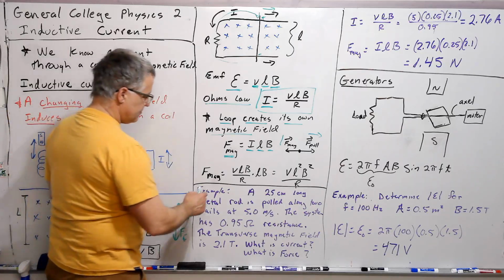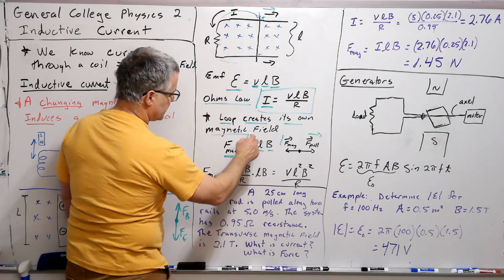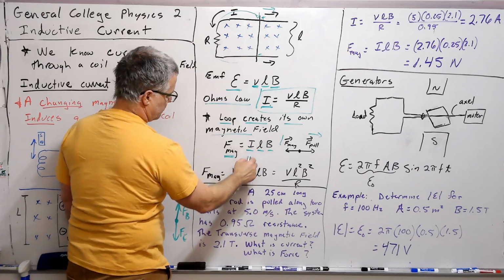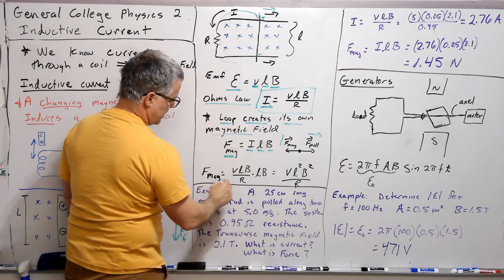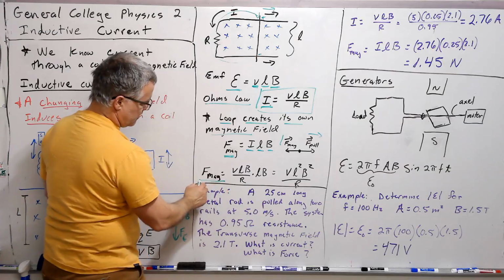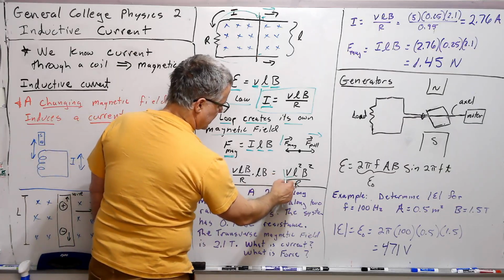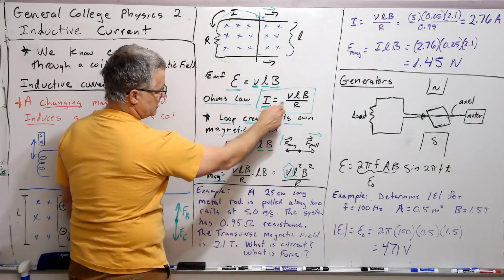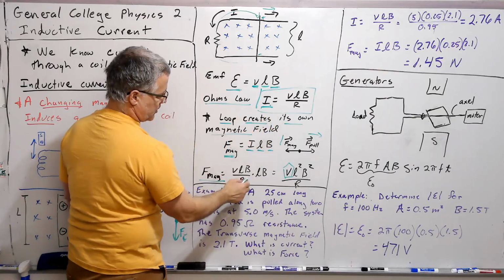Now, we can substitute in what we got here from Ohm's law, and we get a new expression for the force. We would expect it to depend on velocity, which it does. We don't see that in here, but it's hiding in the formula for the current.